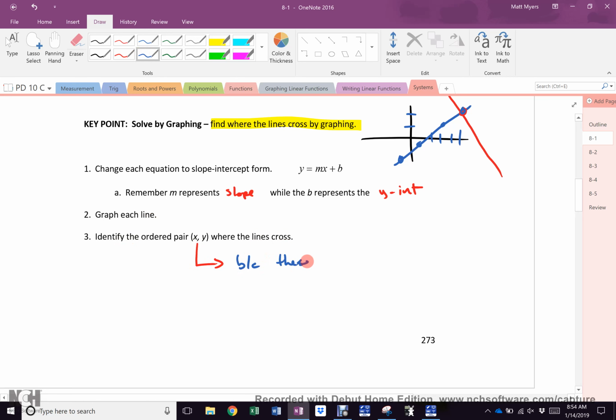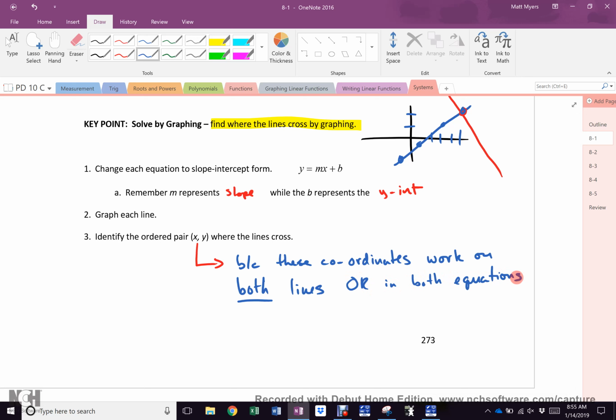Because these coordinates work on both lines, or in both equations. Because the equation of the line is the same as the line, right? Okay.